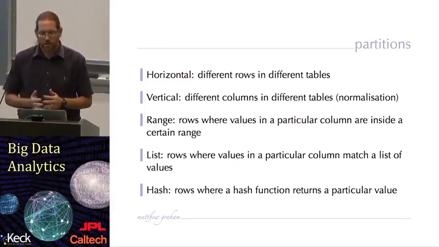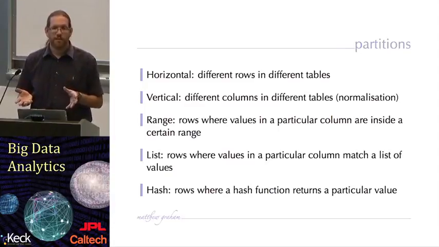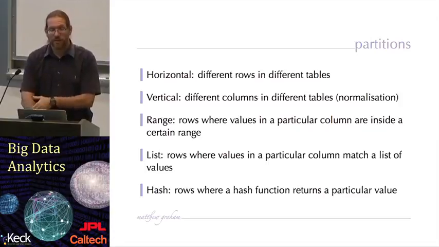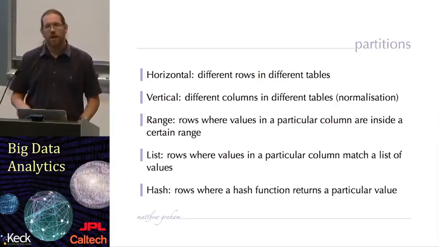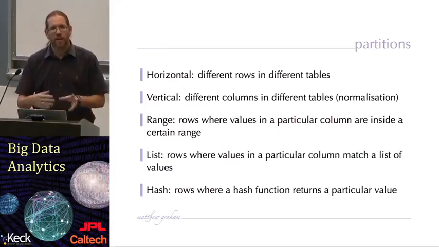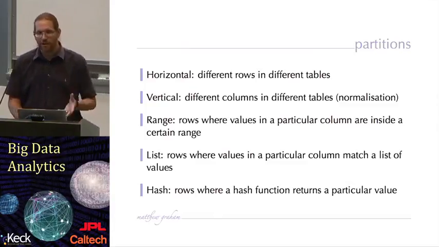Or a list: instead of specifying a range, you may have something which has a particular data value with a finite number of allowed values, and you could have a list where the values in the particular column match a subset of that, and you use that for your partitioning. Or you may have a more general hash function which returns a particular value depending on the value of particular columns in a row, and the partitioning is done on the basis of the value of the function.